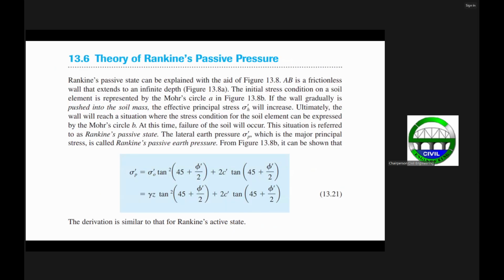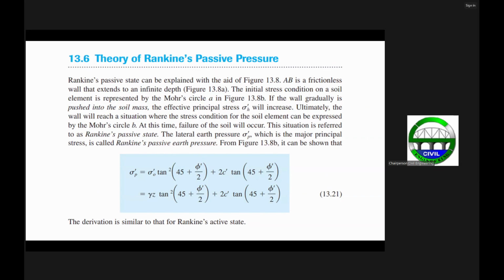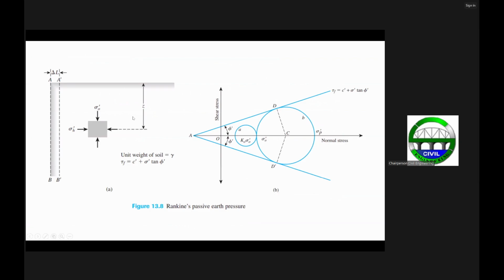Okay. So that is with respect to the Rankine's active earth pressure coefficient. So this time we now have the Rankine's passive earth pressure coefficient. Again, here we have the soil mass, with the wall AB, but this time the wall is moving towards the soil.